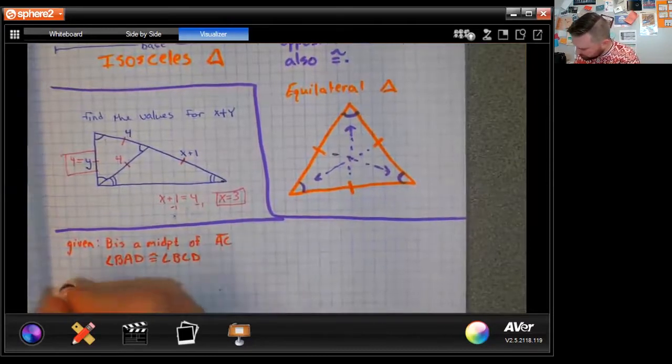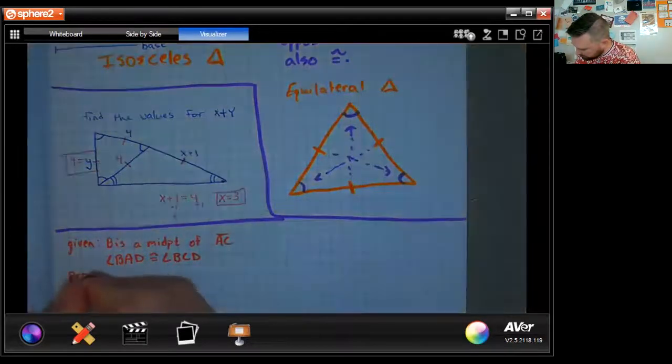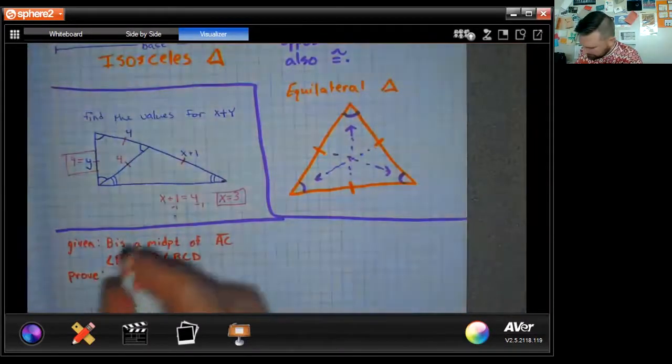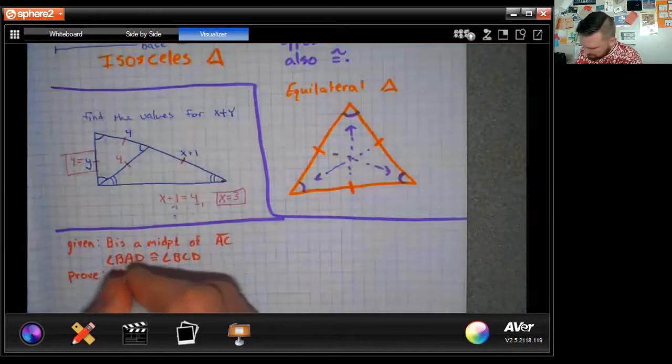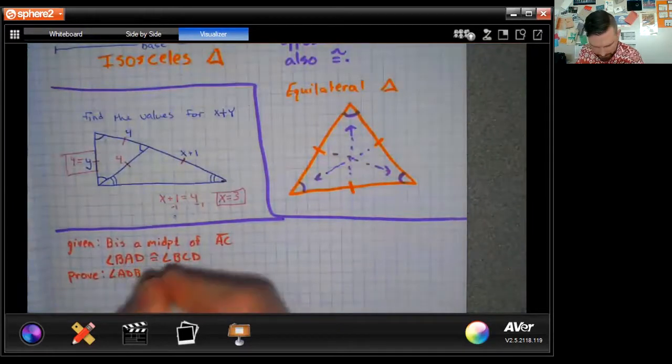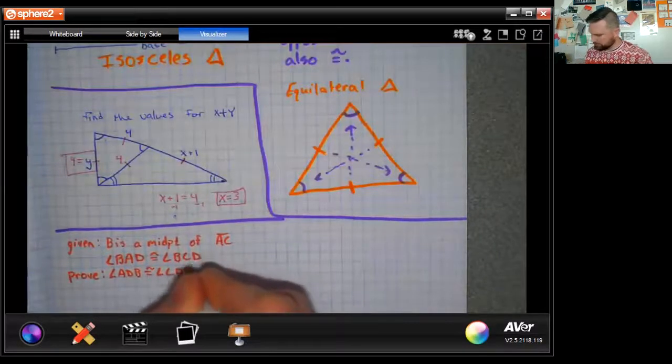You need to prove that angle ADB is congruent to angle CDB.